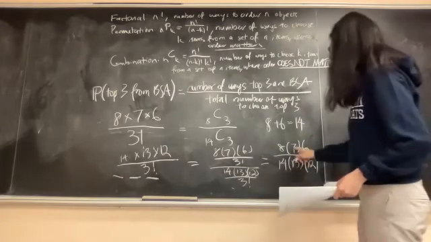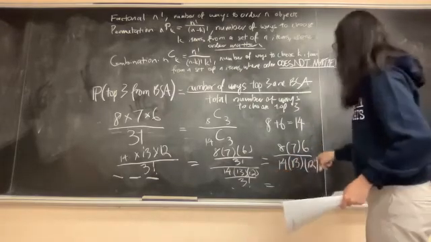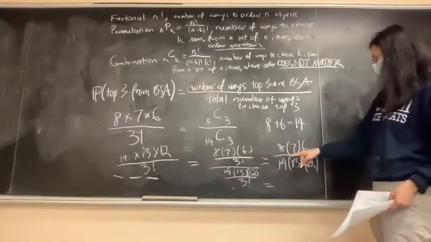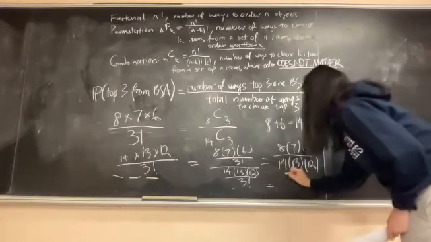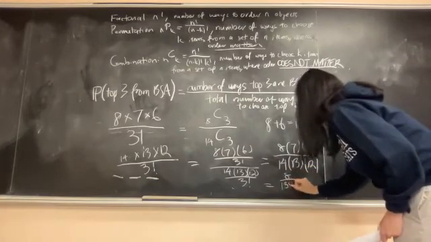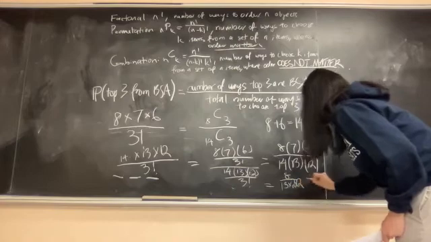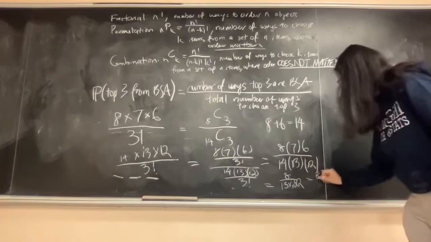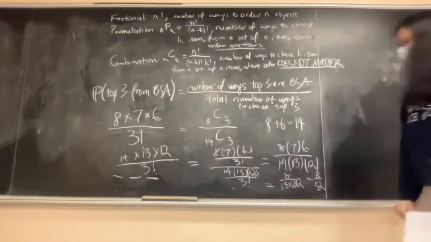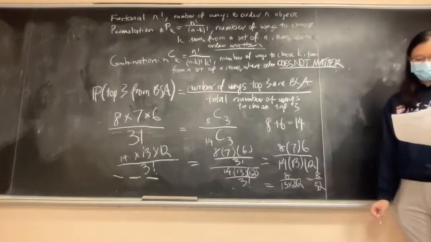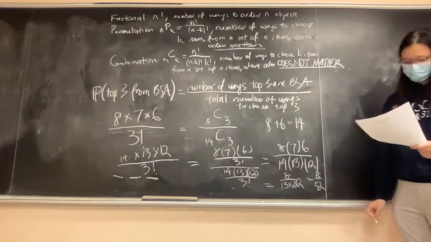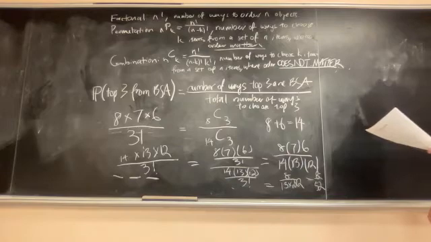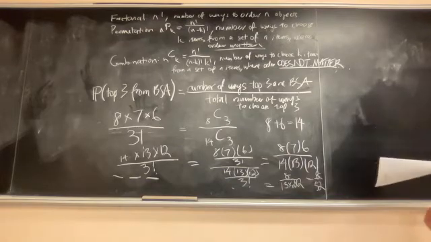And then 7 over 14 is half, 6 over 12 is half. So 7 divided by 14 is half, so this will be 1 over 2, and this will be 1 over 2. So it's 8 over 13 times 2 times 2, which equals 8 divided by 52. Is that it? Yeah, it is. Is that okay?